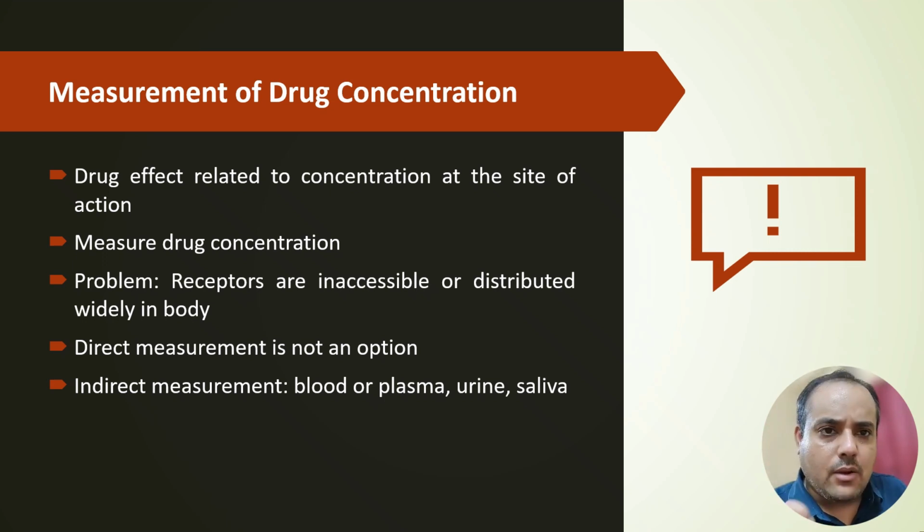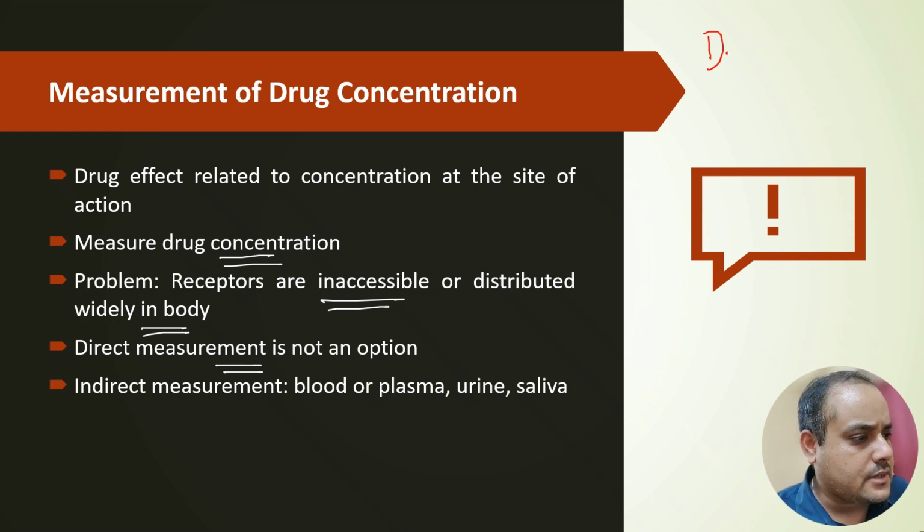Now we want to measure this drug concentration, but the problem is that the receptors on which the drug is going to act are either inaccessible or distributed widely in the body. So naturally direct measurement is not an option. Suppose I want to measure the action of digoxin. The receptors for digoxin are located in the heart, in the myocardium.